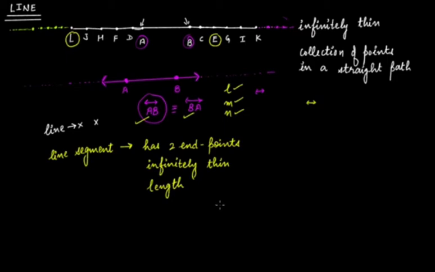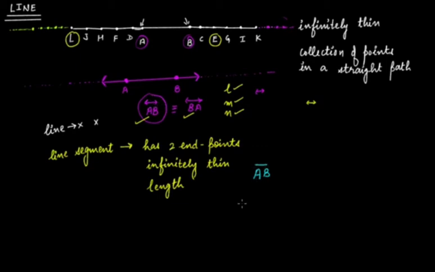The way we represent a line segment, like in this case the line segment between points A and B: you'll write A, you'll write B, these are 2 endpoints, and you'll simply place a line above them. Since it has 2 ends, you'll not have arrows as in the case of a line.